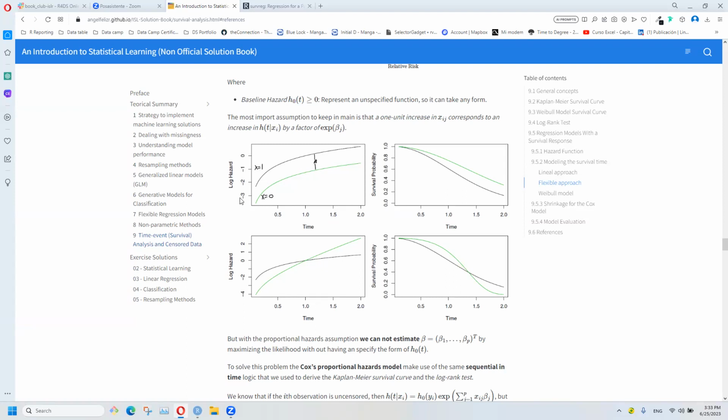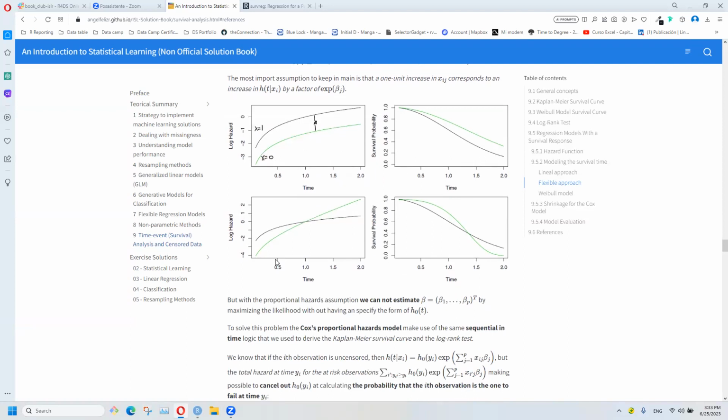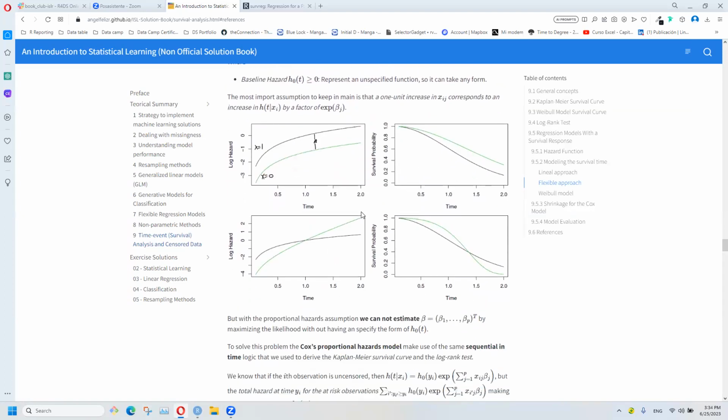Normally, we are taking the hazard, or we are just plotting the survival curve. What the model doesn't support is when one group overlaps another in the process. It's like our linear models, but without the capacity to add interactions. So the model doesn't see interactions.